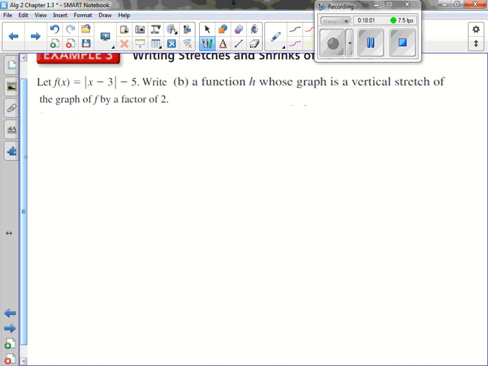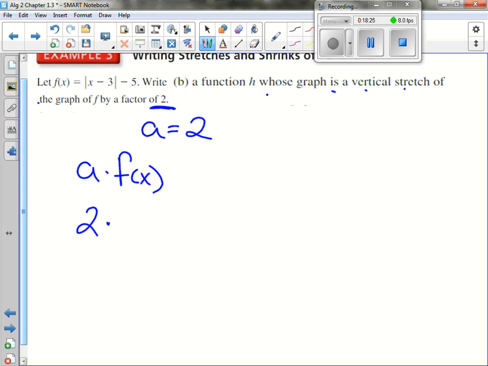So if we want to apply a vertical stretch of 2, a function h whose graph is a vertical stretch of the graph by a factor of 2, our value of a is 2. And again, when we apply this, we do a times f of x. Well, in our case, our a is 2 times our function. Well, what is our function?